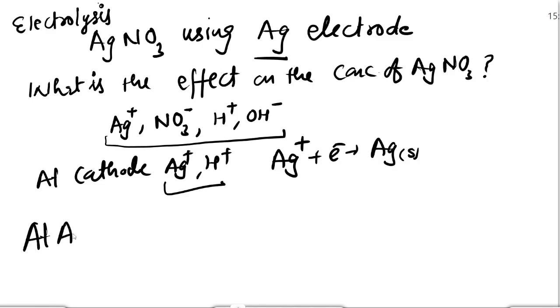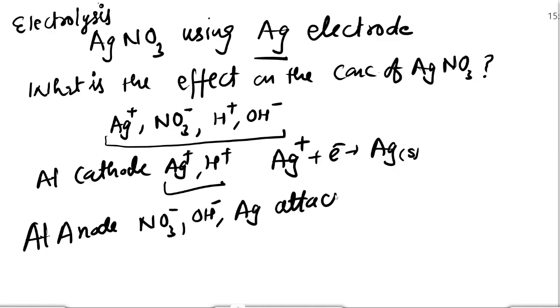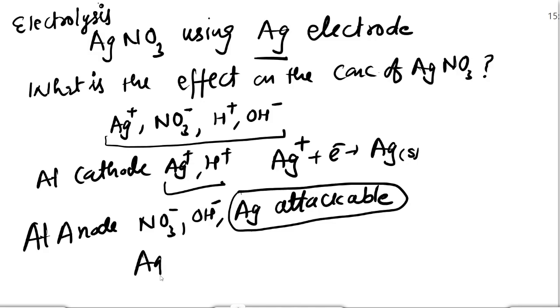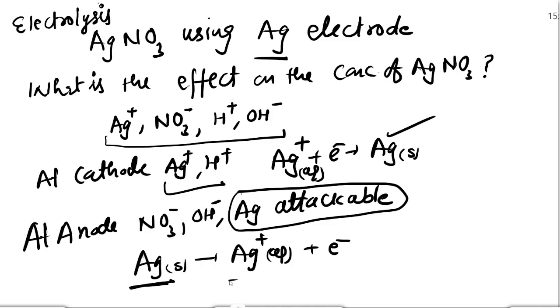At anode there is nitrate and hydroxide, but at the same time silver is an attackable electrode. Whenever there is an attackable electrode, that will always lose electron. So at cathode silver gets deposited, at anode silver gets dissolved.